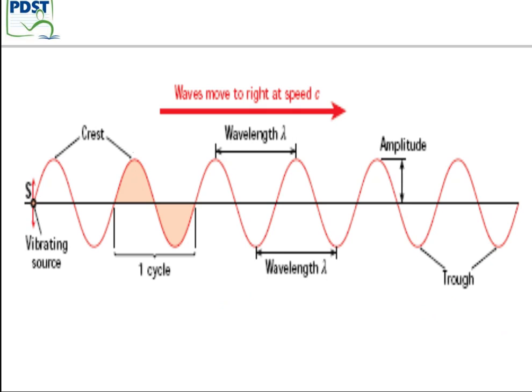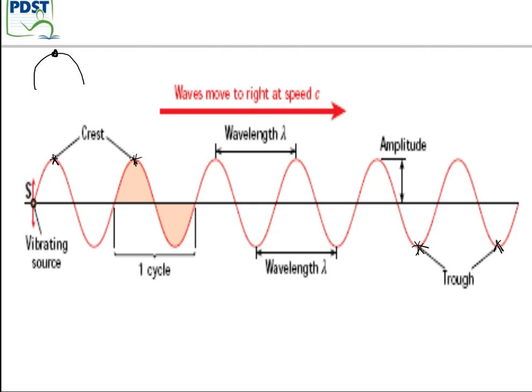A crest is like the highest point of the wave, the top of the hump. So you can see we have a hump here, and this point here is the crest. So this is a crest, and this is also a crest. Now, the lowest point of a wave is known as a trough. So you can see here we have a trough and we have a trough.